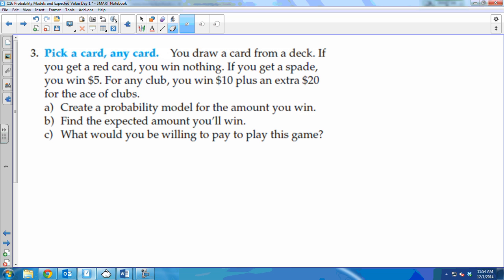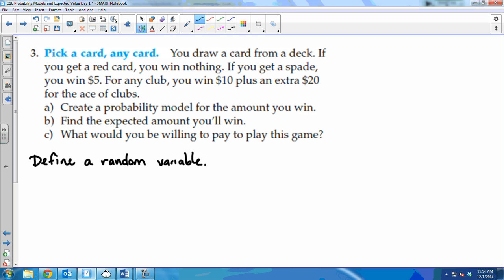So we're going to do that. First thing we need to do is define our random variable. You're not going to think this is very important, but notation-wise it is. Again, the random variable is the big idea. What are we actually looking for in this question? We're looking for the amount you win. We're doing a probability model for the amount you win.